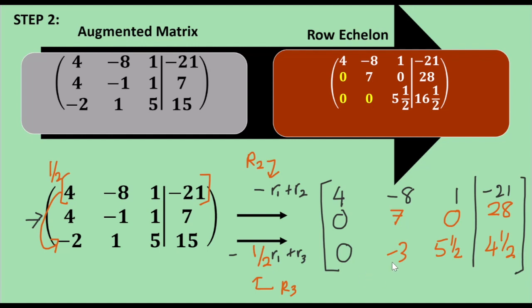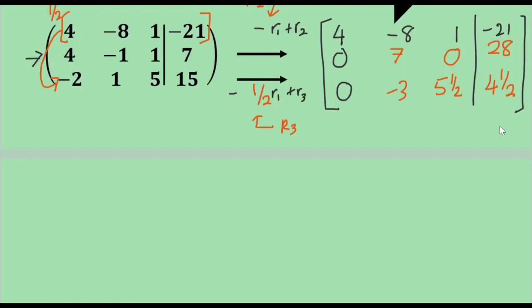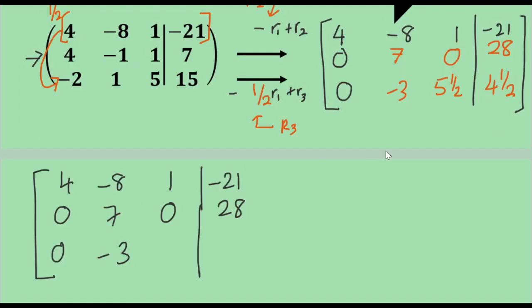But we do not stop here because the row echelon form contains 3 zeros for a 3 by 3 matrix. So we need to do another transformation to convert minus 3 into 0. I would rewrite this matrix. To ease the calculation, I would change 5.5 to 11 over 2 and 4.5 to 9 over 2.